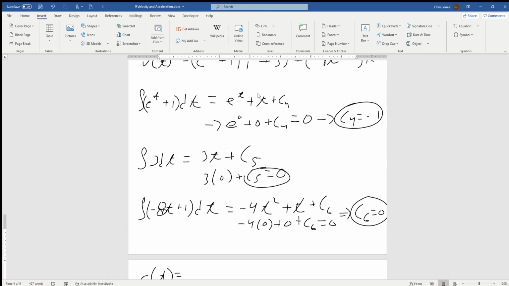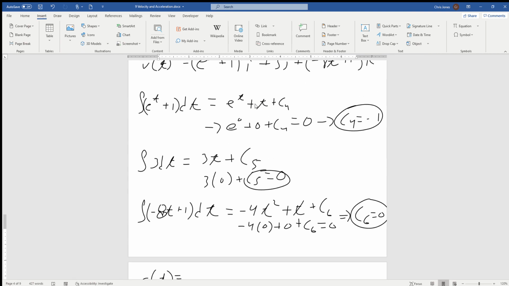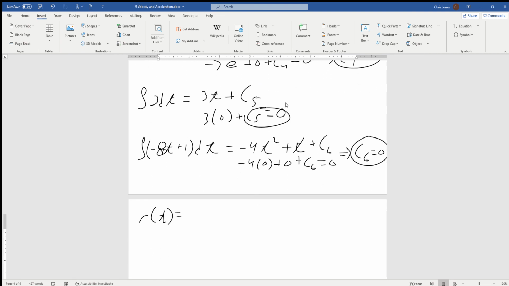So remember up here we had e to the t plus t minus 1 i, plus, remember we had 3t for j, and then finally we just have this negative 4t squared plus t for k.